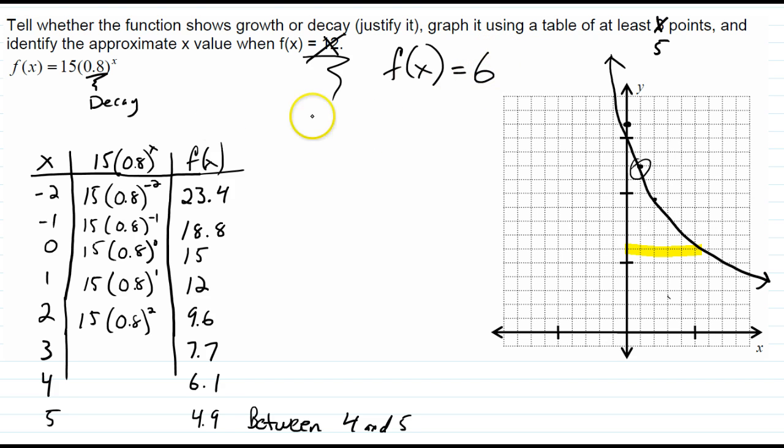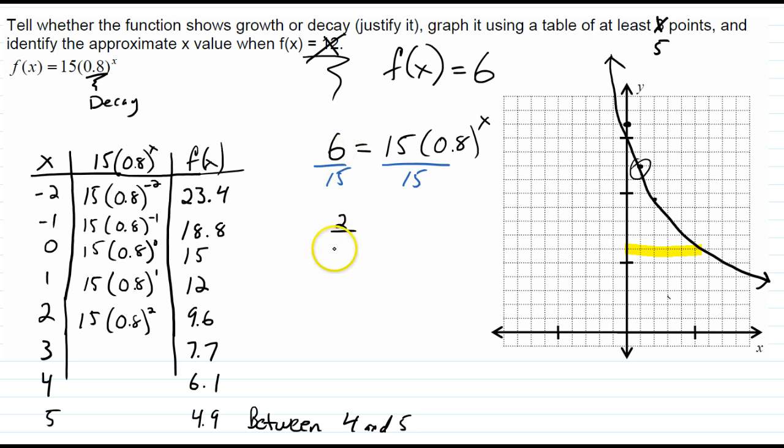My output's going to be 6, so I'm going to replace that with the 6. 15 times 0.8 to the x, and now this is what we're going to solve. Our first step is going to be divide both sides by 15. And this reduces to 2/5 equals 0.8 to the x. Now what we want to do is we have that x in the exponent, and we don't want that. So we're going to take the log of both sides.